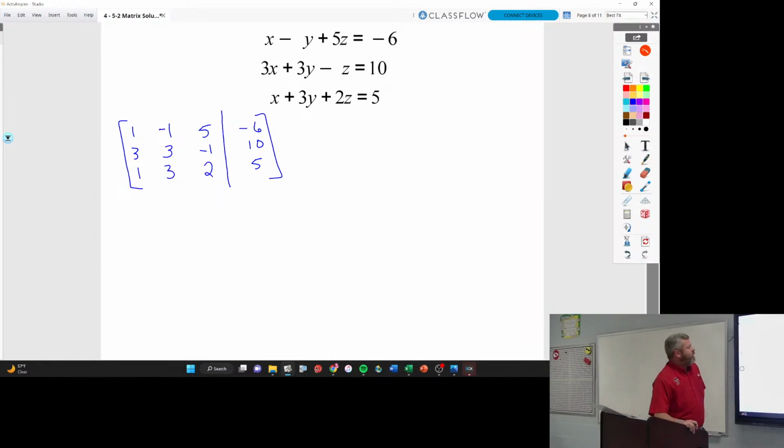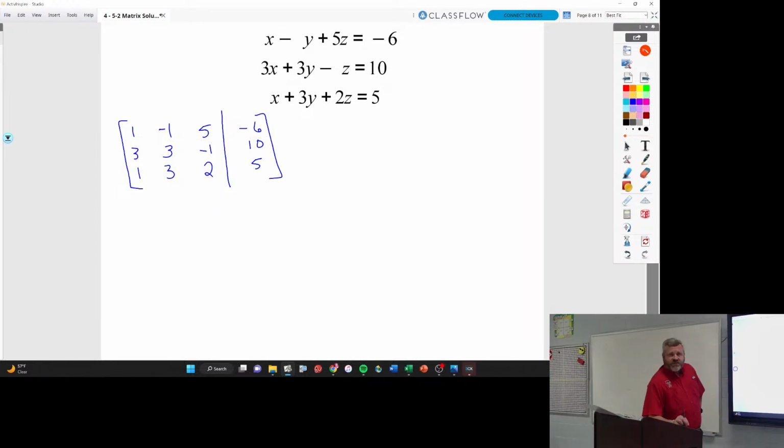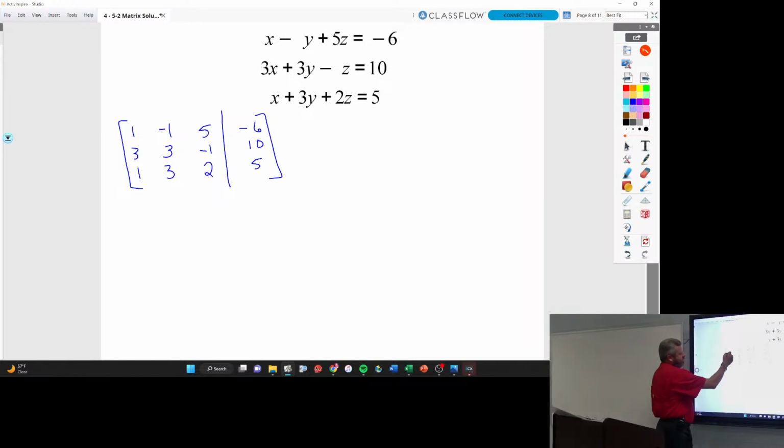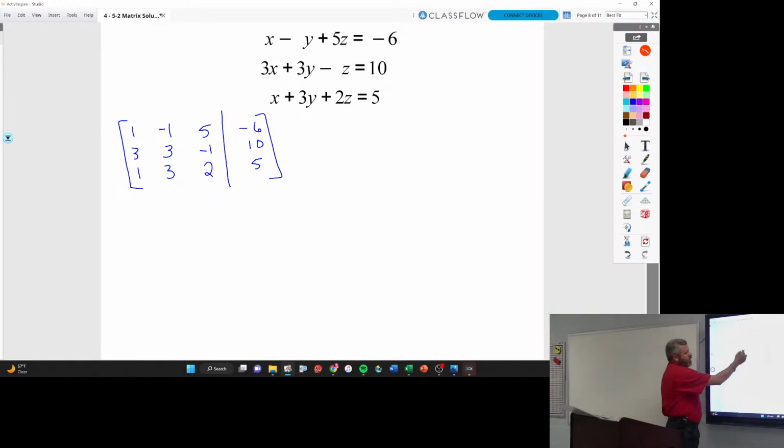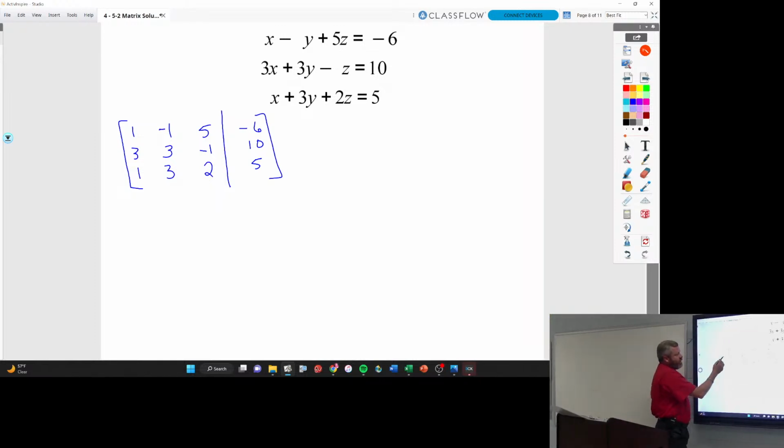Okay, going back to following the steps. Step number 1 to solving is to make row 1, column 1, a 1. And if you'll notice, it's already a 1. It's good to go, so I don't need to do anything to make row 1, column 1, a 1. But I need to use that 1 to make the 3 go away and the 1 go away.